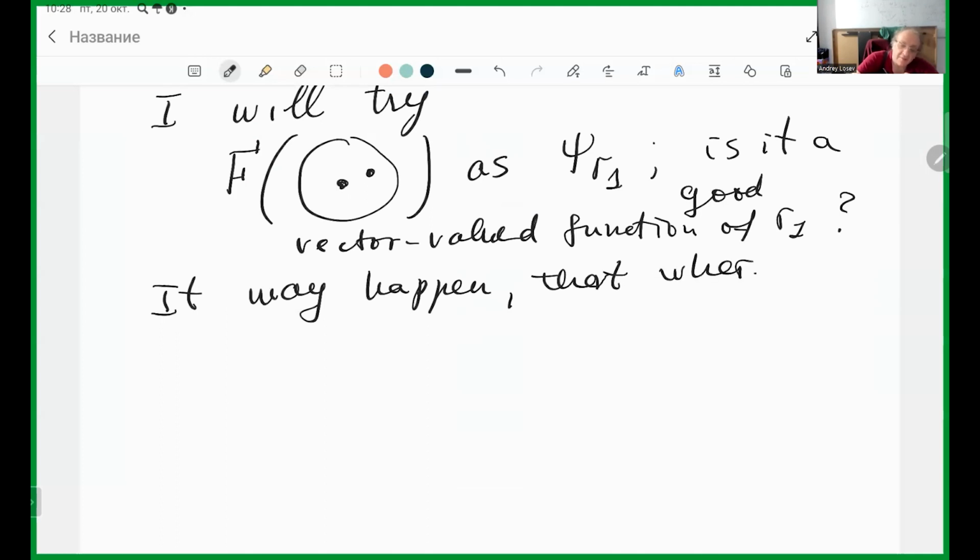That when R1 goes to 0, there is a limit. Example.